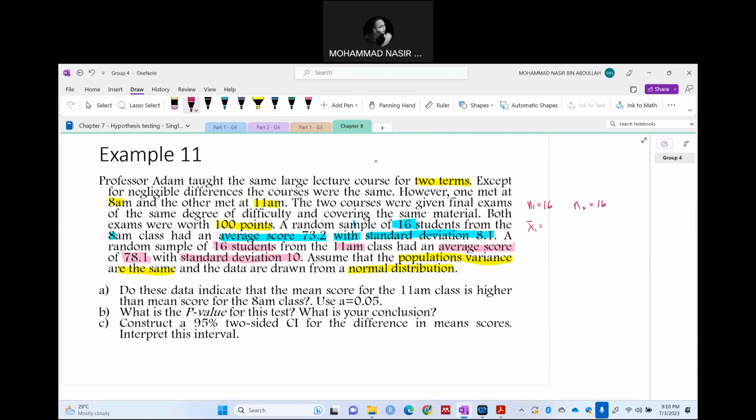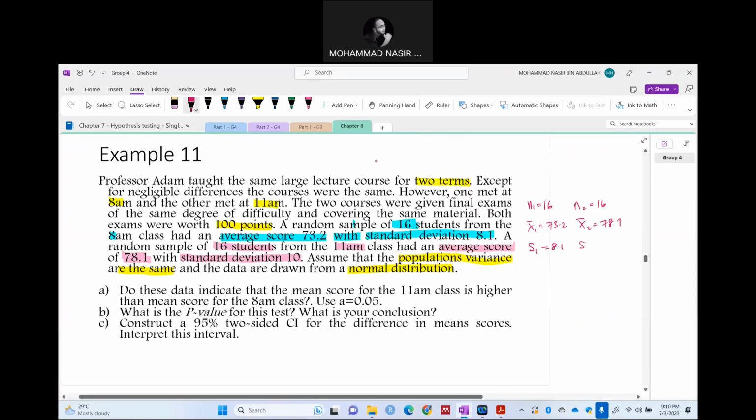X bar 1 equal to 73.2, X bar 2 equal to 78.1. The standard deviations s1 equal to 8.1, s2 equal to 10. So we assume the population variances are equal.